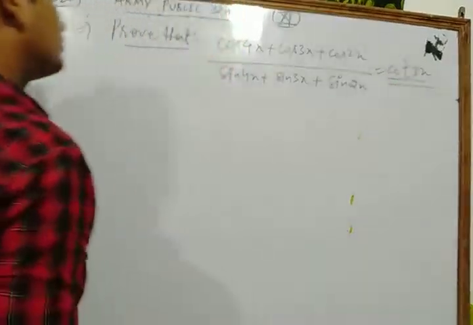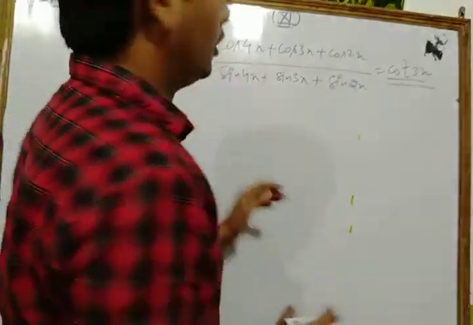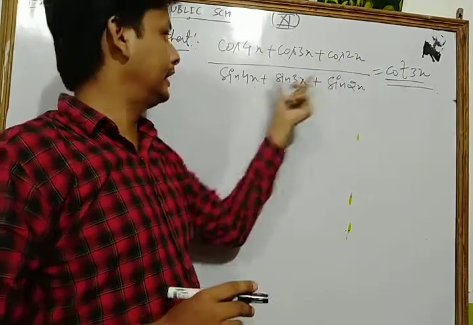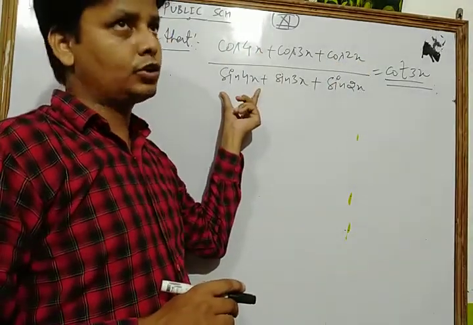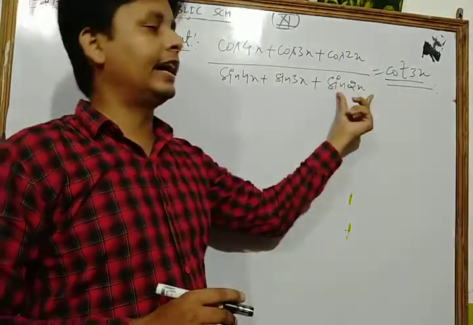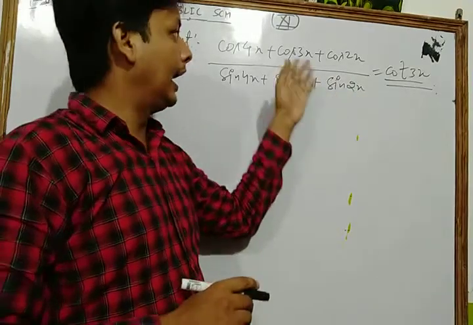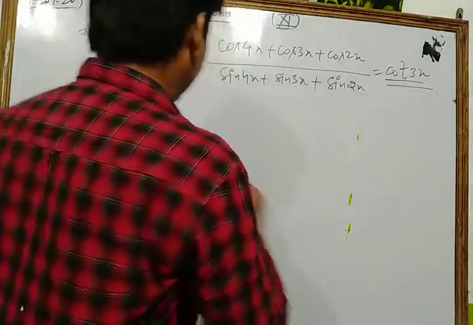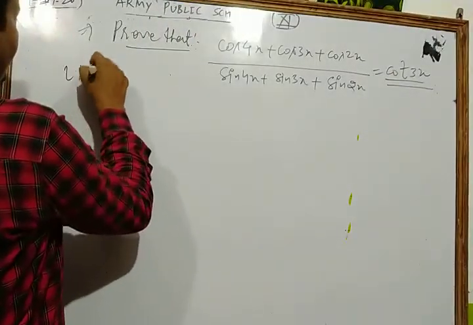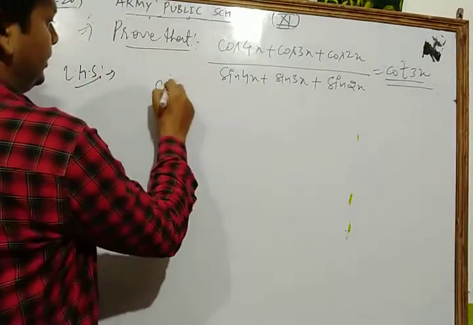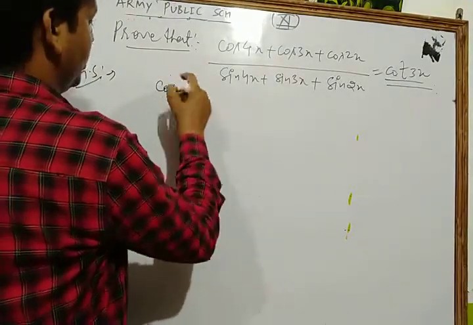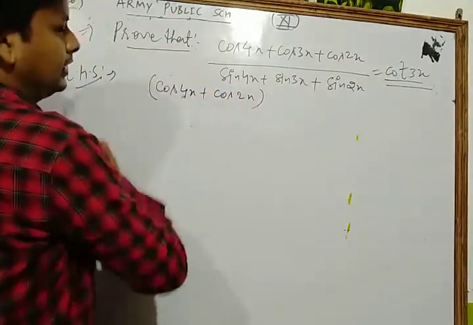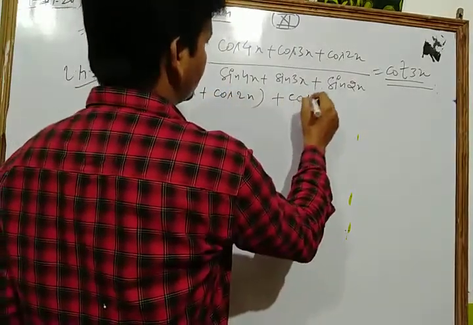Now let's see. First we take cos 4x and cos 2x in the numerator, and in the denominator first of all we take sin 4x and sin 2x, and cos 3x and sin 3x we take separately. Okay, separately. First of all we take the left hand side, and here cos 4x plus cos 2x we take together, and here we write cos 3x separately.